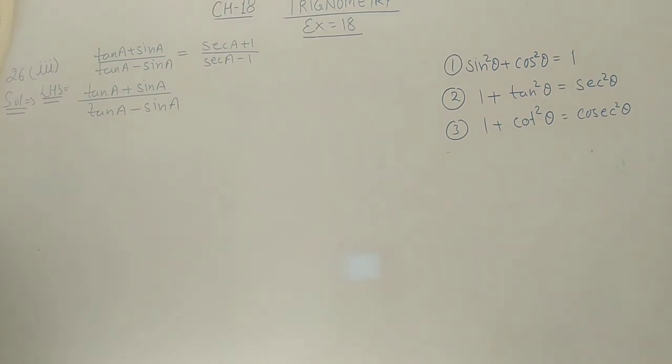Next, 26th third part: (tan A plus sin A) divided by (tan A minus sin A) is equal to (sec A plus 1) divided by (sec A minus 1). So left side we have taken here. In this left side, this tan we can write as sin A by cos A plus sin A, and again in the denominator tan we can also write as sin A by cos A minus sin A. So from numerator and denominator, from both we can take sin A as common.